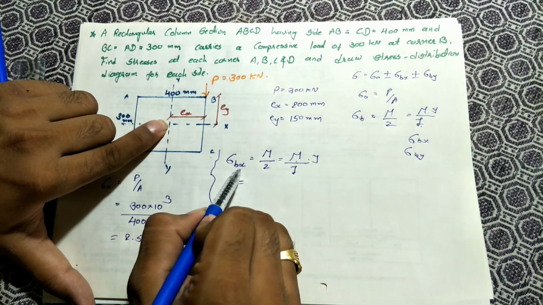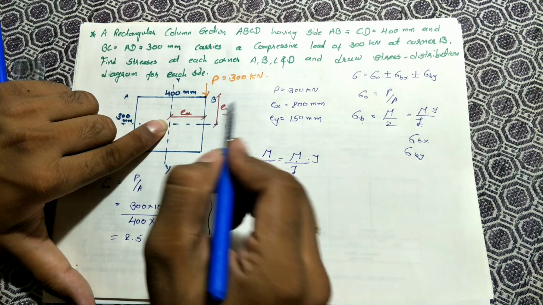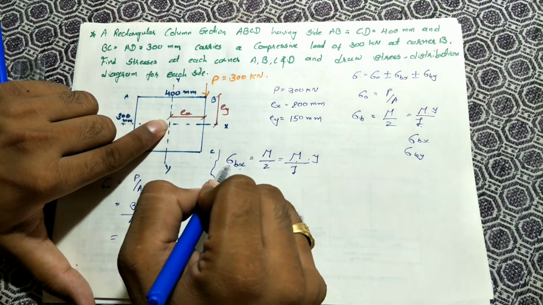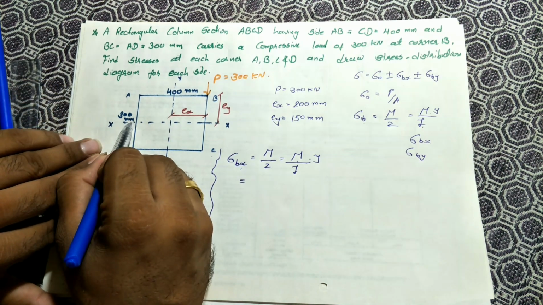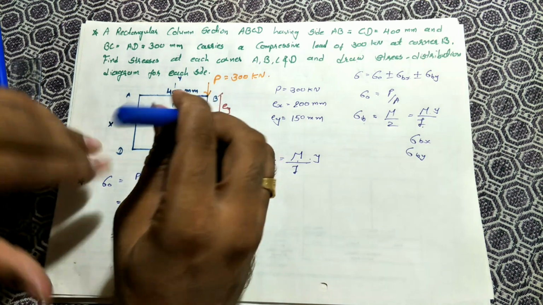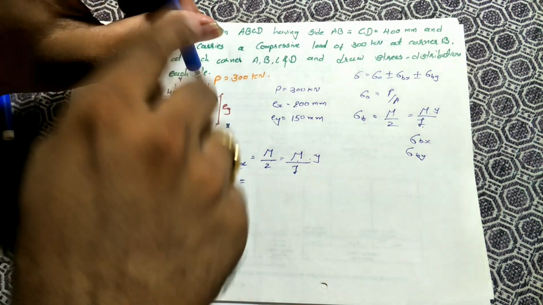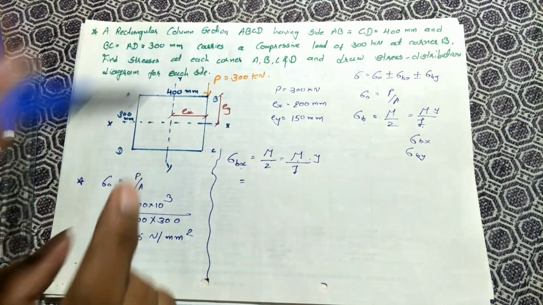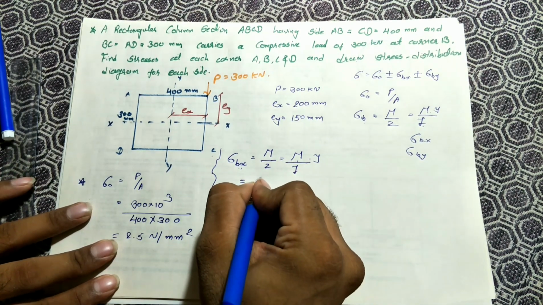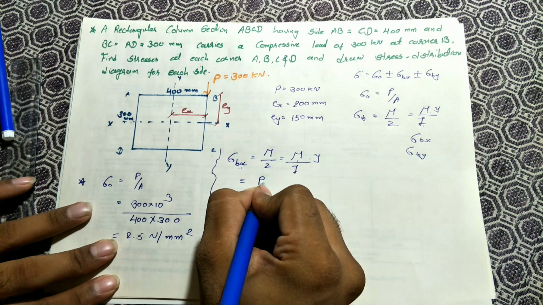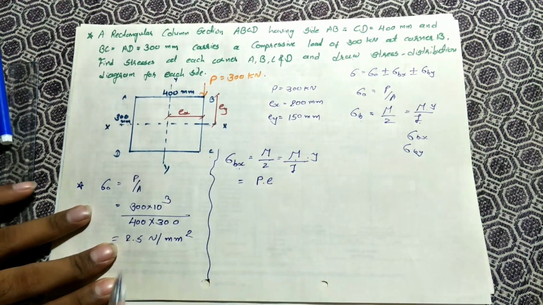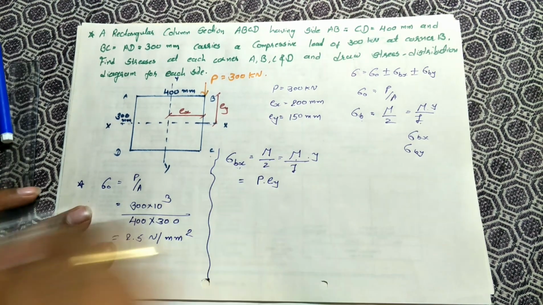So moment for x is this force P into this vertical distance, that is E, this E, but which, that is Ey.